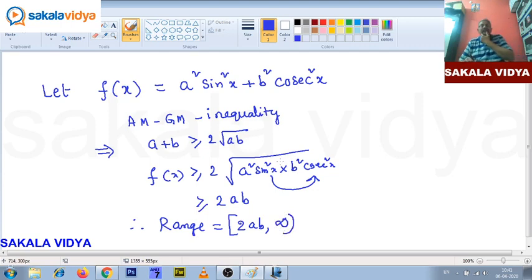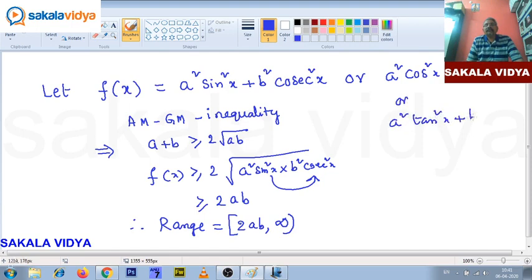Similarly, you can say A square cos square x plus B square secant square x, or you can say A square tan square x plus B square cot square x.